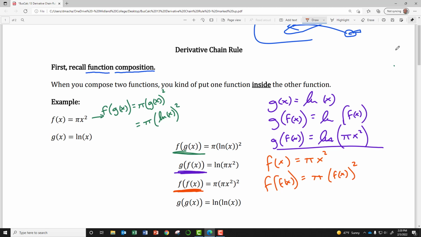So whatever I put in as the input of my function replaces the x. This means that f of f of x is going to be pi times pi x squared, all squared. And you could even simplify this further and say this is pi cubed x to the fourth, right? If I square pi x squared, it's pi times x squared times pi times x squared.